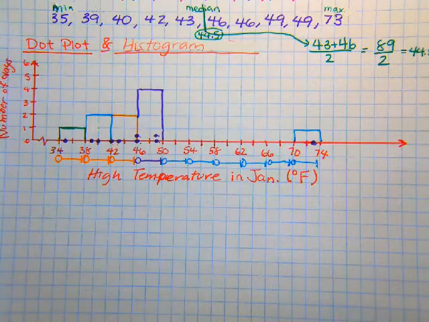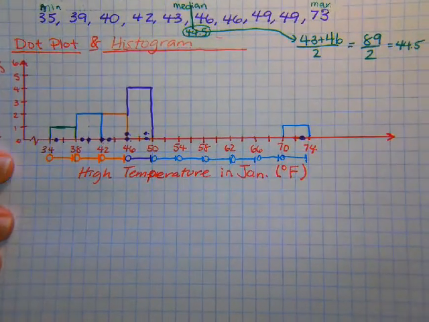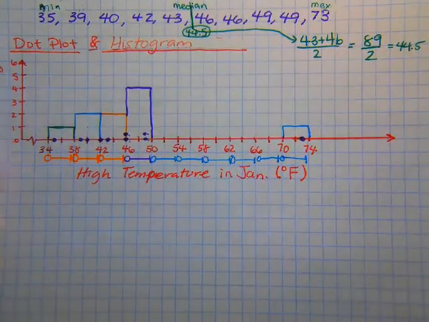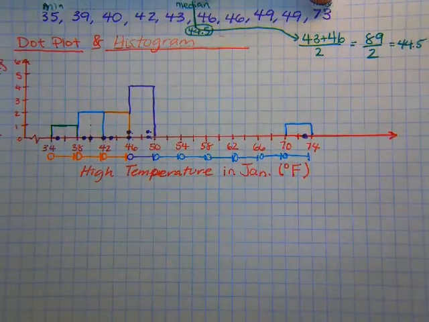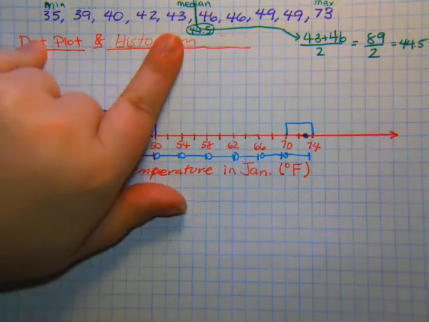And there's your median, 44.5. Great. Now, notice that my median fell between these two numbers, so that means that the top half is 5 data points and the bottom half is 5 data points.